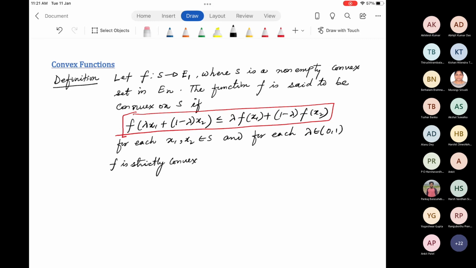The equality symbol does not hold. So a function f is called strictly convex on S if the above inequality is true as a strict inequality. That means this is not less than or equal to but strictly less than, for distinct x1 and x2 in set S and lambda in 0 comma 1.